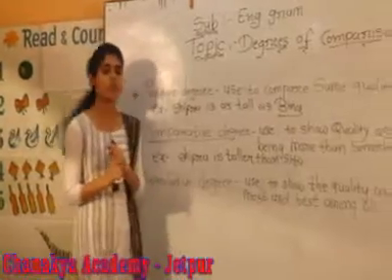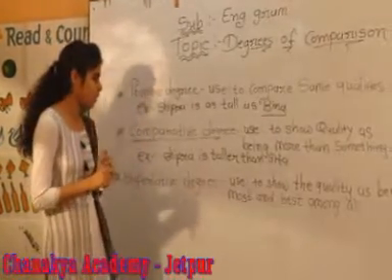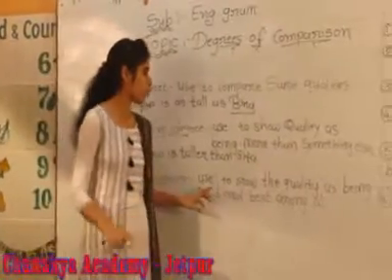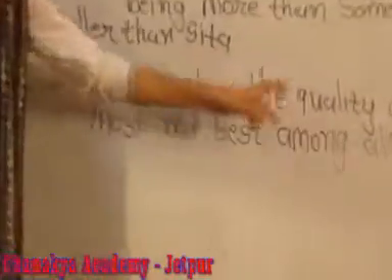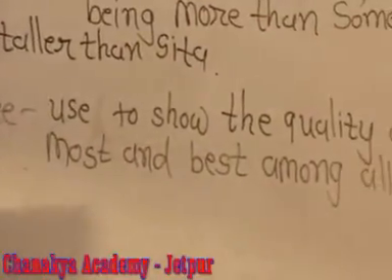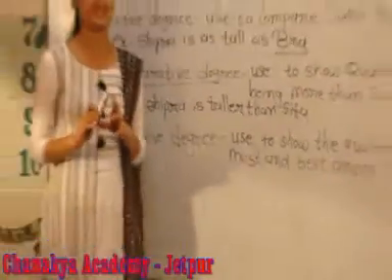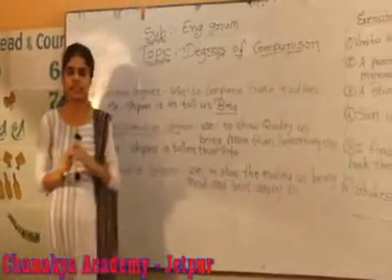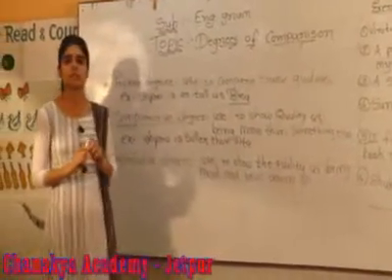Now, when do we use the superlative degree? The superlative degree is used when we have to show a quality as being the most and best among all. We compare three or more than three things when we use the superlative degree.